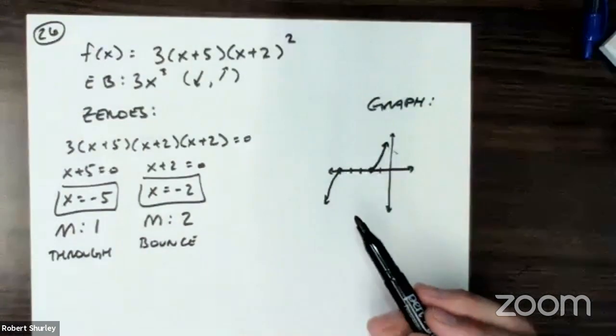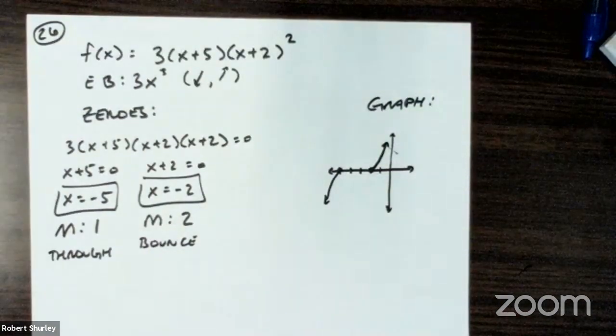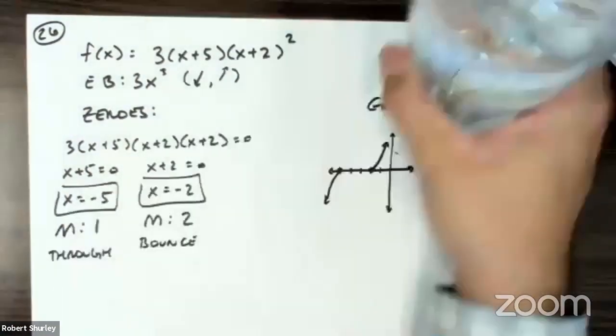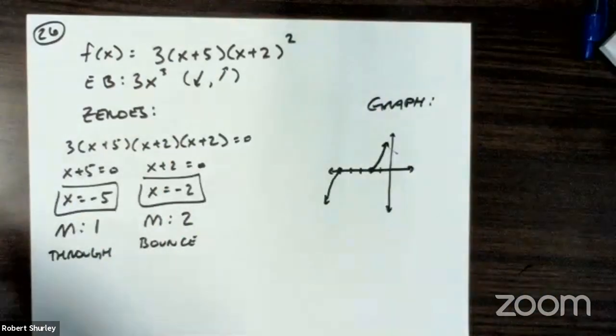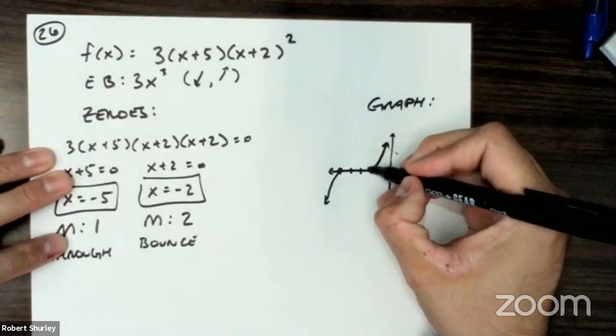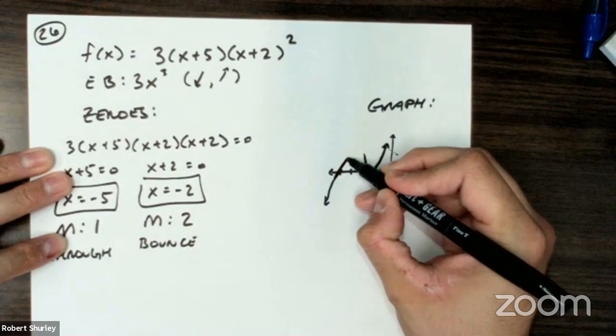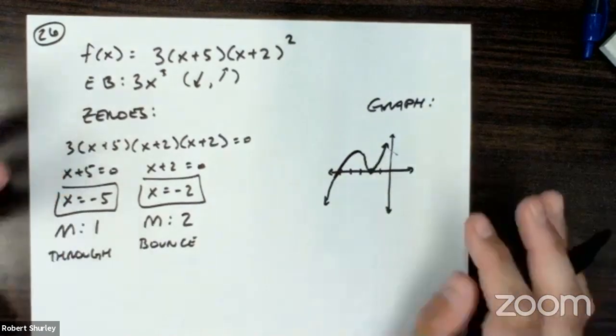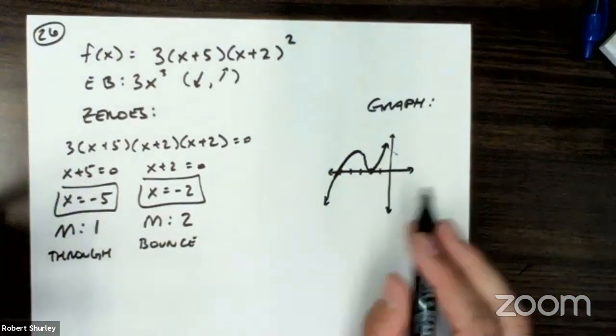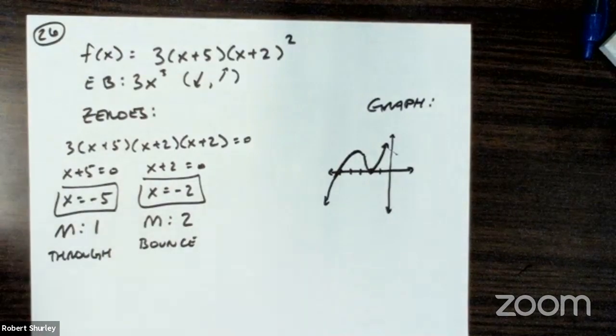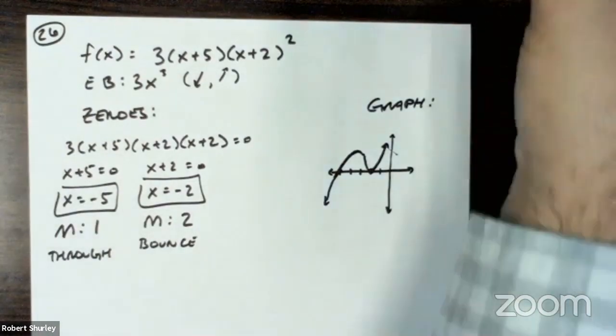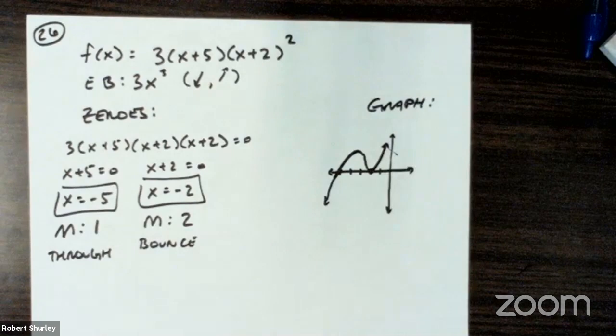Because those are the only 2 times it crosses the x-axis. Now, one of these bounces, though, the -2 does. So what happens is actually we bounce here at the -2 and we go through at the -5. Now look, this is not perfect. This is just a rough sketch of what's going on. Okay. Very, very rough sketch of what's going on.